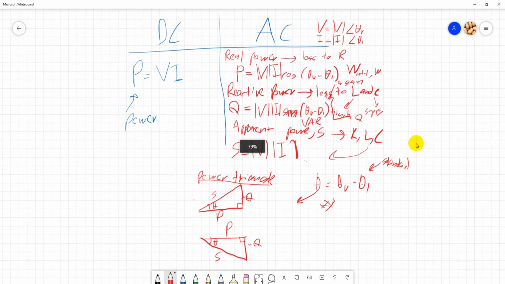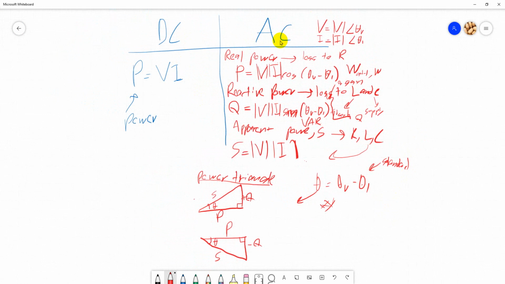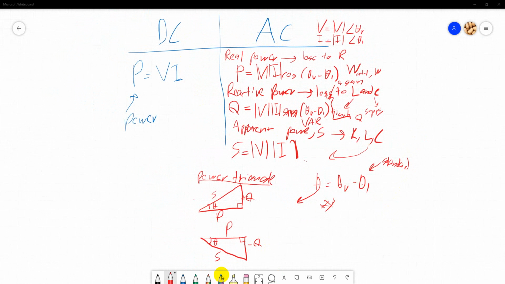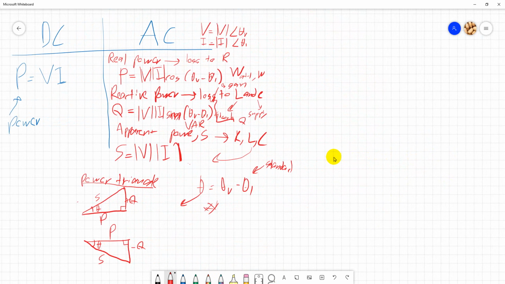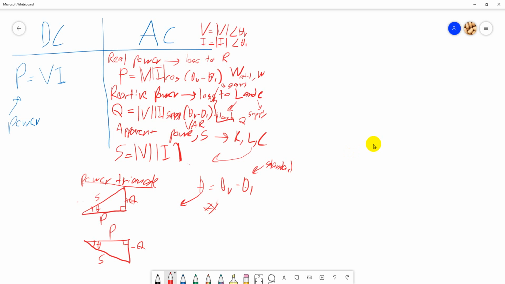That is the difference between DC and AC. So you have three types of power. You already know the three types of power: apparent power, reactive power, real power. Now this is the important one.